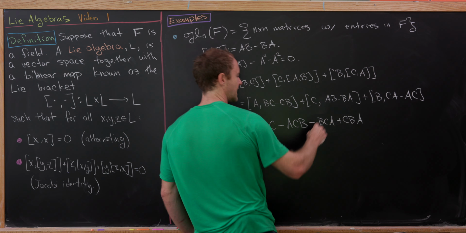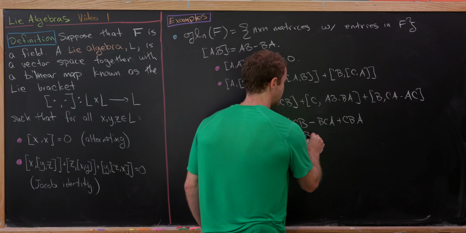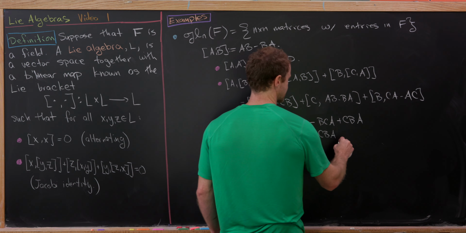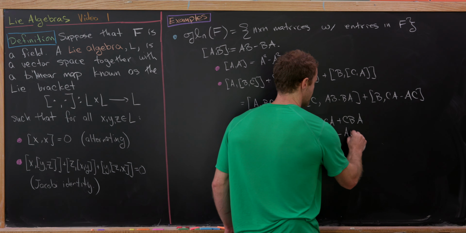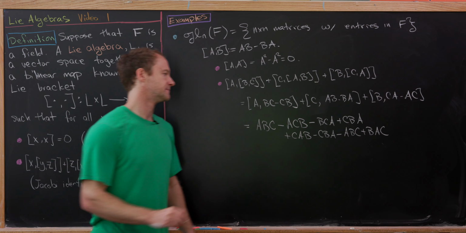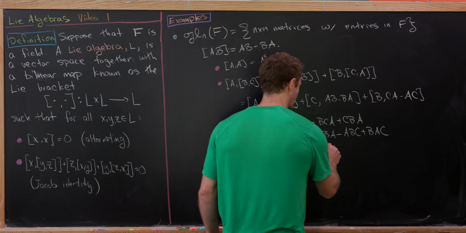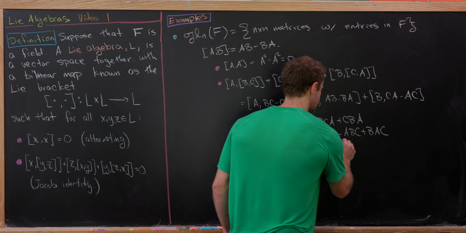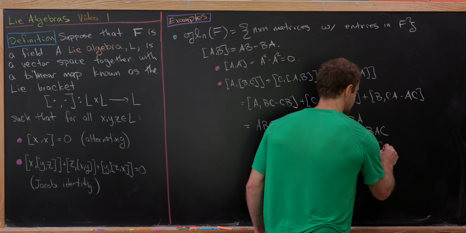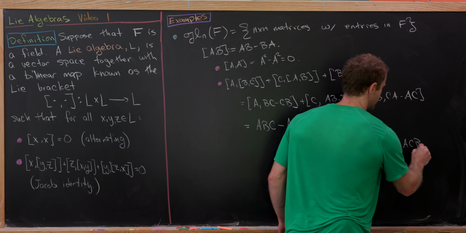And now for the next bit, I'll have plus CAB minus CBA, and then minus ABC plus BAC. Great. And so that'll be, like I said, for the second one. And then for the third one, I'll have plus BCA minus BAC, and then minus CAB, and then plus ACB.